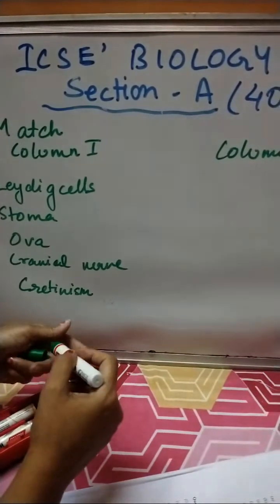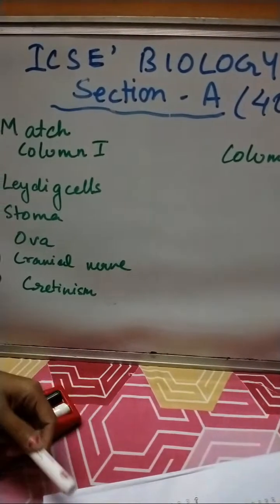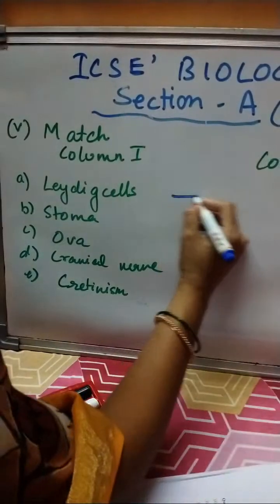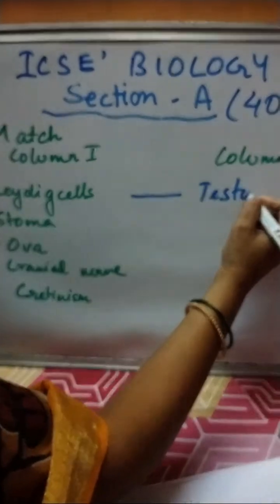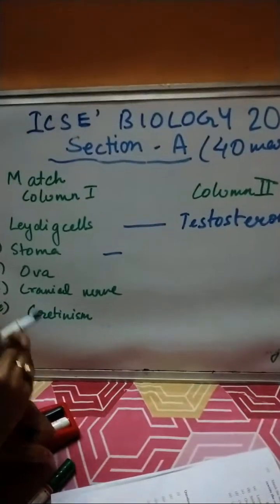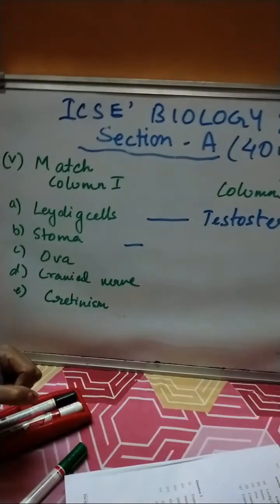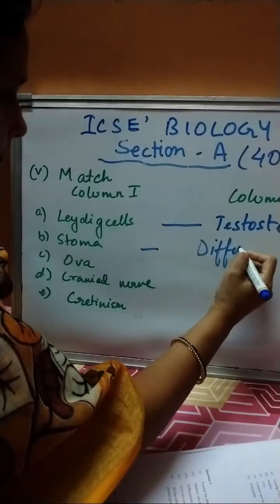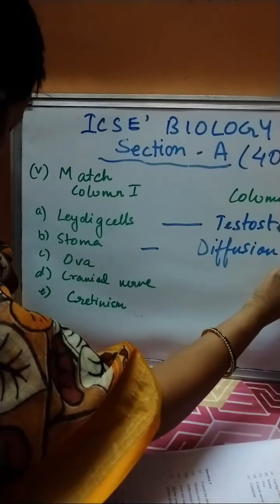Writing the answer here: Leydig cell, definitely it will go with testosterone. Number B, stoma, will go with the diffusion of respiratory gases.